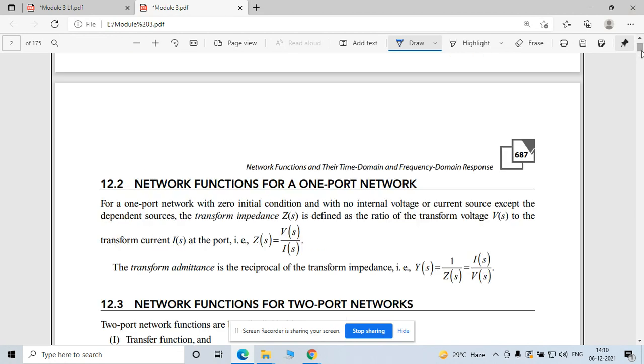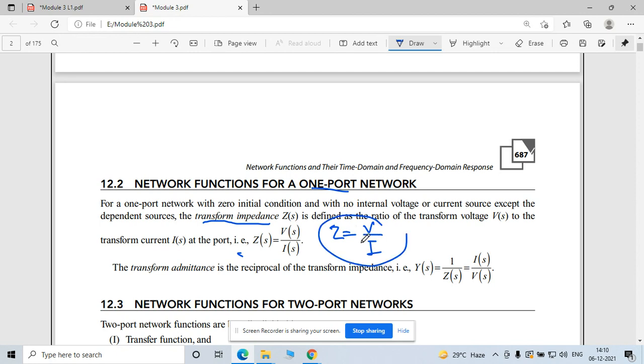Now see, for a one port network, the transform impedance is nothing but the ratio of voltage to current. So this is your simple impedance, Z is nothing but V by I, Ohm's law.